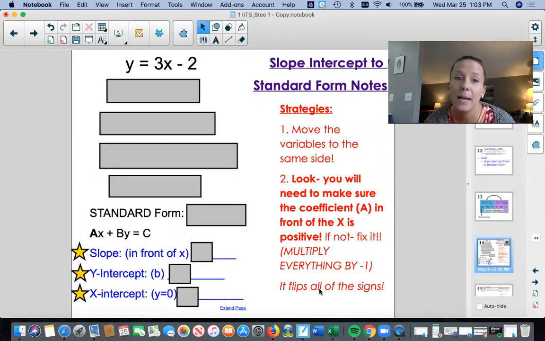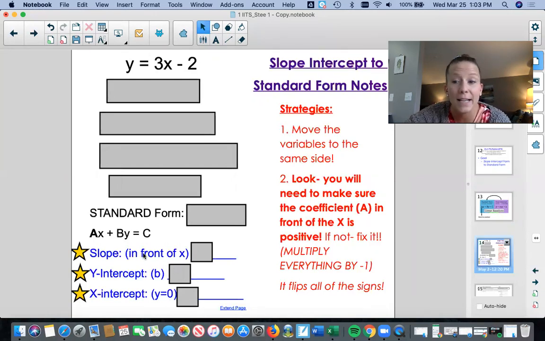Okay, so step one, you'll notice our line, y equals 3x minus 2. Normally we did the converting first, but because slope-intercept form is so nice, and I can see where the slope and the y-intercept are, I should go answer those questions down here first.